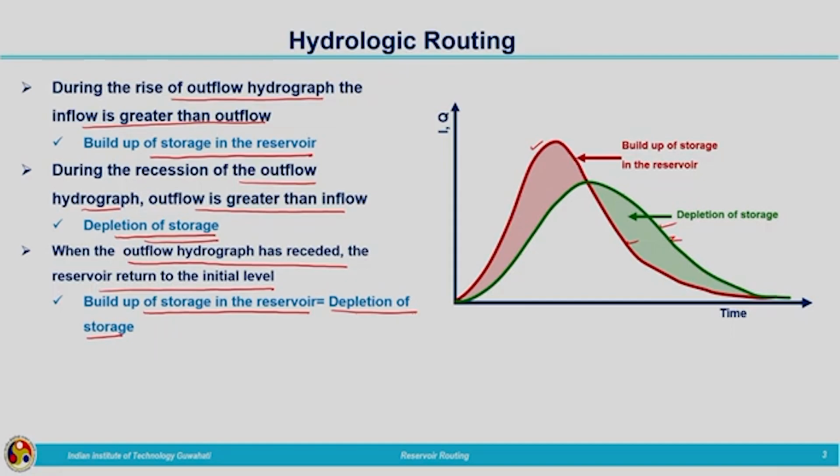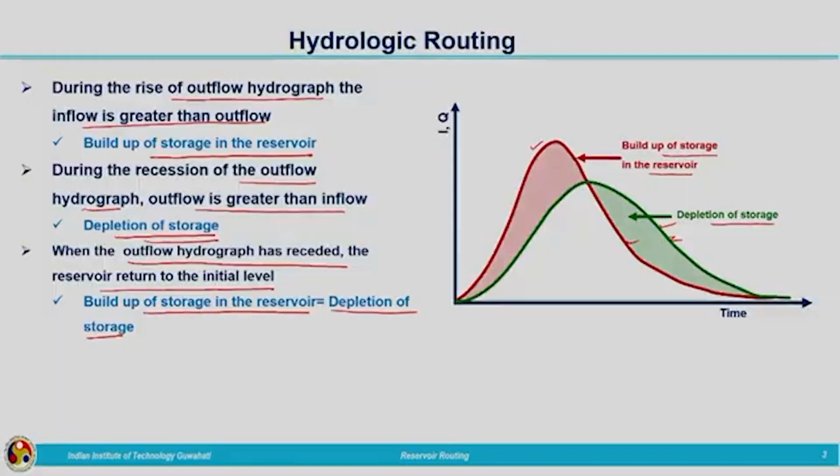Looking at the figure, the red region is representing the buildup of storage in the reservoir and the green region is representing the depletion of storage. Once the reservoir level has reached the initial level, the buildup of storage is equal to the depletion of storage.